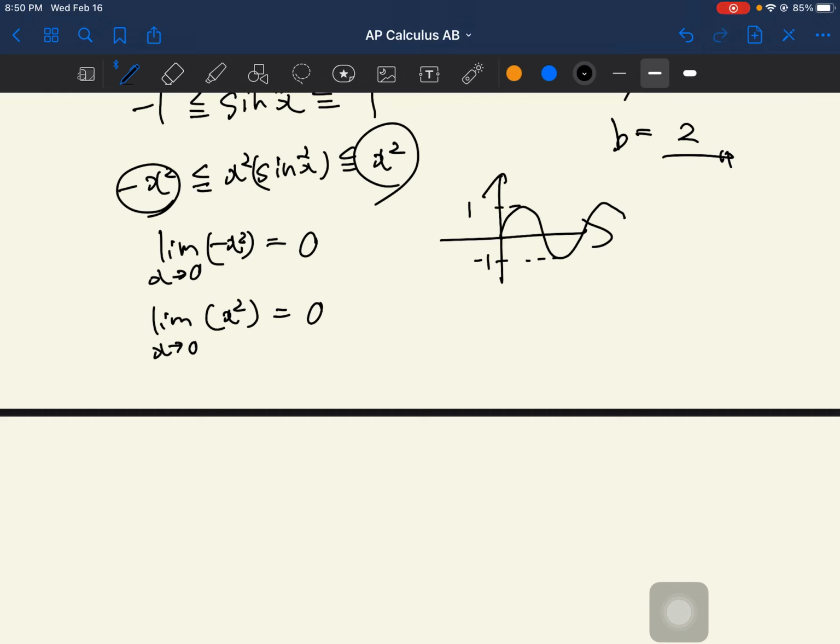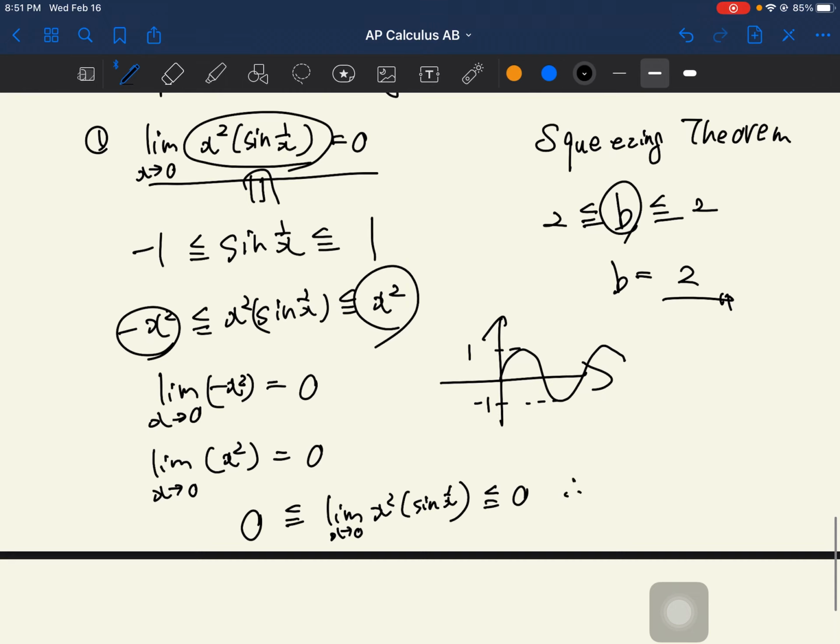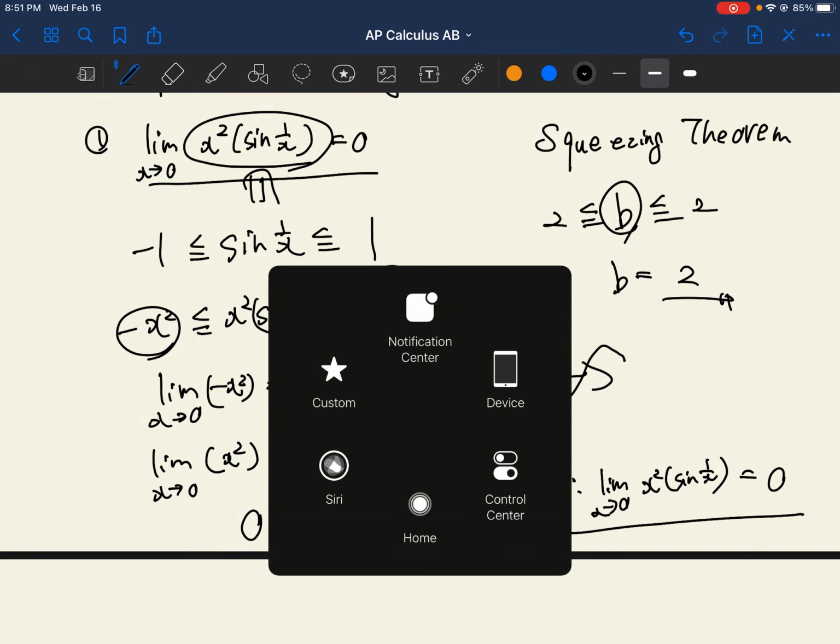So now you have 0 is less than or equal to x squared sine 1 over x, which is less than or equal to 0. That's why the limit as x approaches 0 of x squared sine 1 over x is 0. Now it's proven.